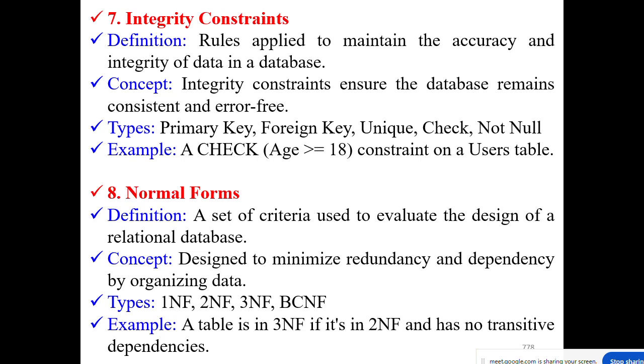Integrity constraints ensure the database remains consistent, error free. Just like types, we use primary key, foreign key, unique, check, not null. These are the integrity constraints. Why are we using these integrity constraints? Can you explain in one sentence?